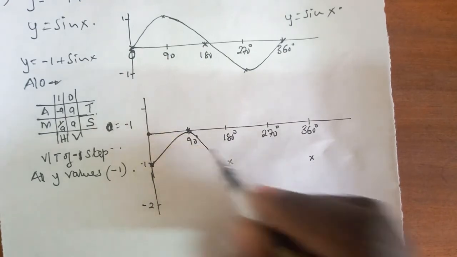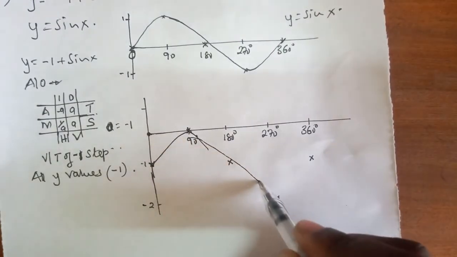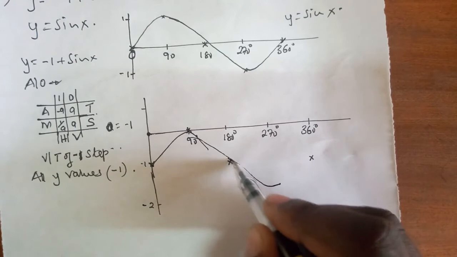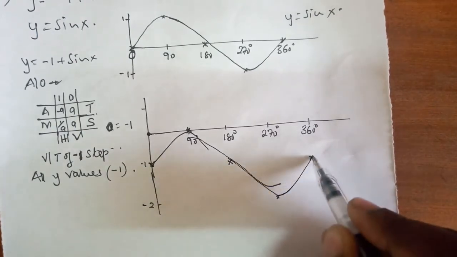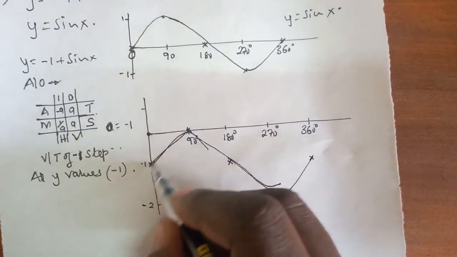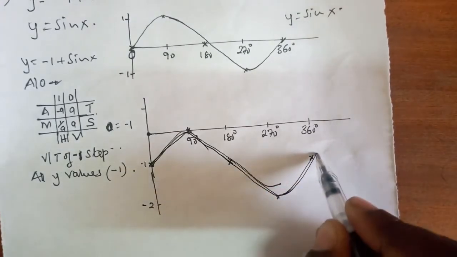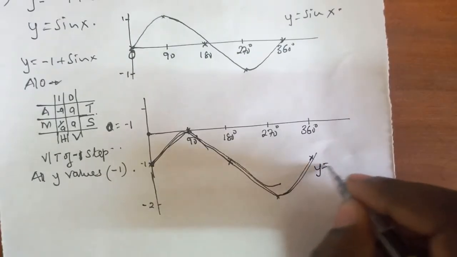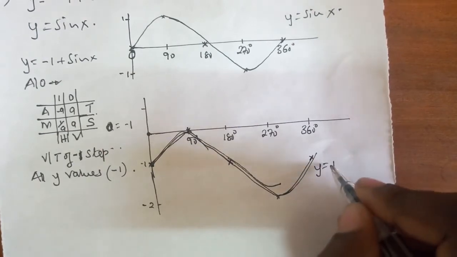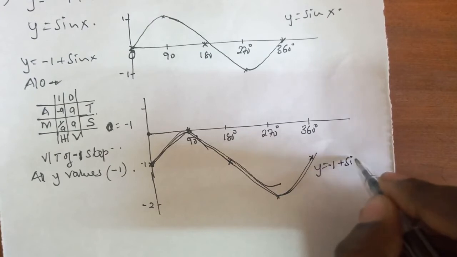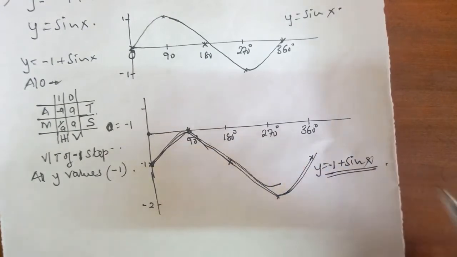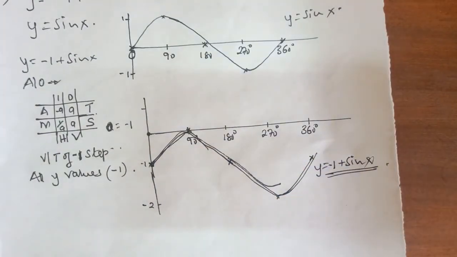So we have a graph that looks like that. And this is the graph of y equals -1 plus sine x.